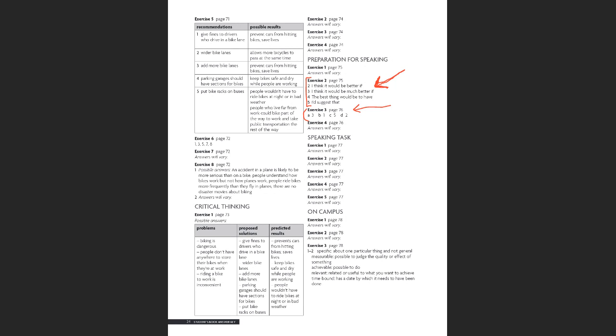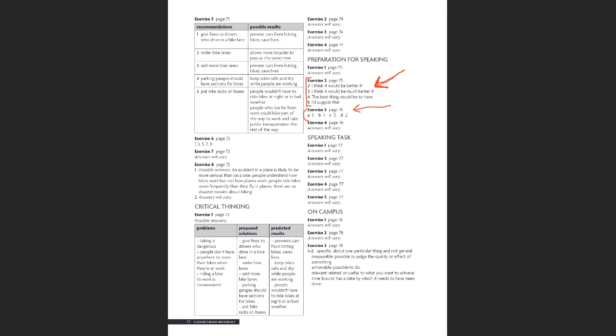Eating while driving is a big problem. It would be better if people only drank, I shouldn't say drank, because we think of drinking as like drinking alcohol. I can't say drink and drive because we always think alcohol. So eating while driving is a big problem.